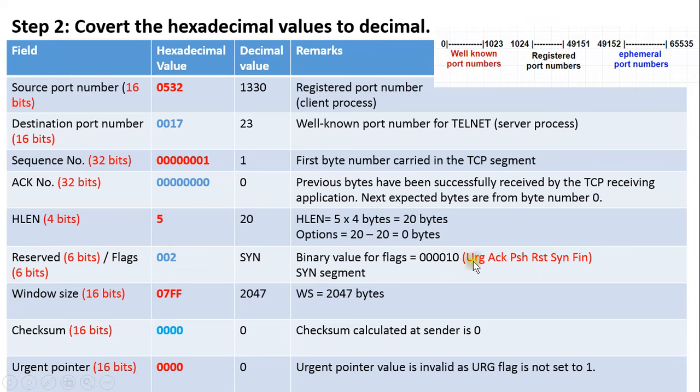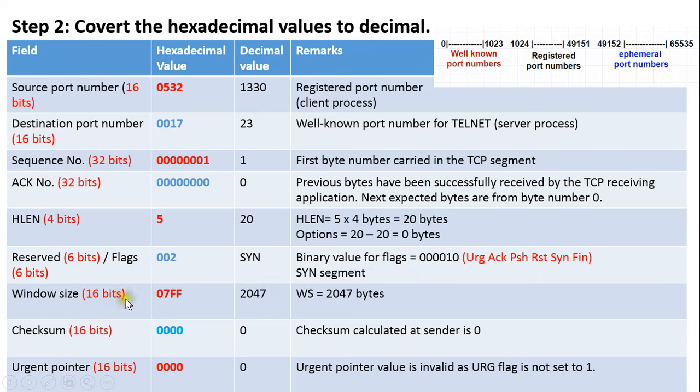So here if you look at the 6 flags in the control field, the 6 flags are urgent flag, ACK flag, push flag, reset flag, sync flag and finish flag. So this 1 bit corresponds to the sync flag, and that's why the segment is the synchronization segment. This synchronization segment is required during the connection establishment phase of TCP operation. It does not carry data, but it consumes one sequence number.